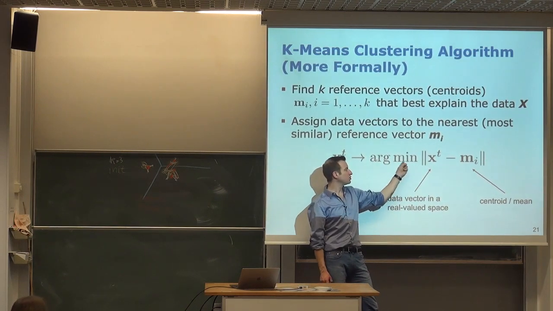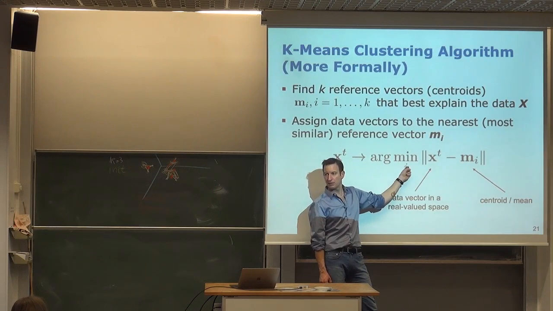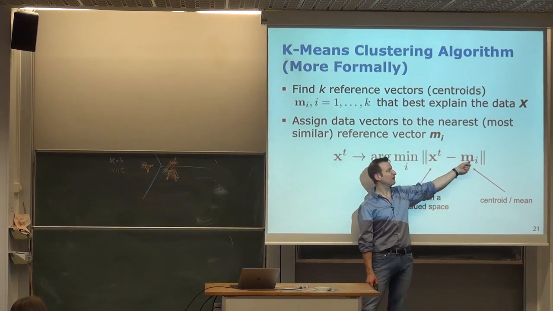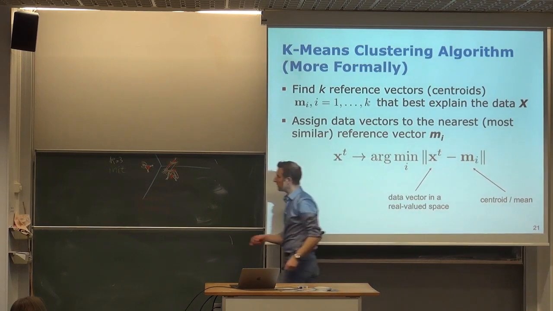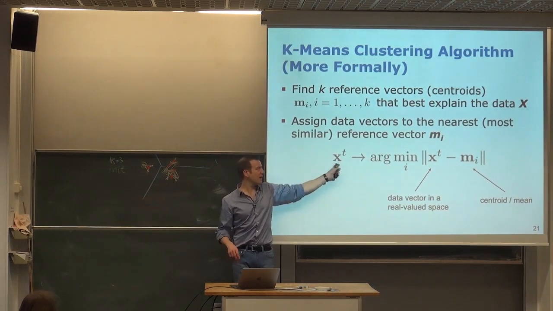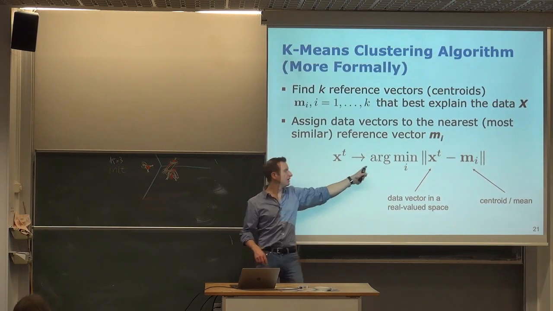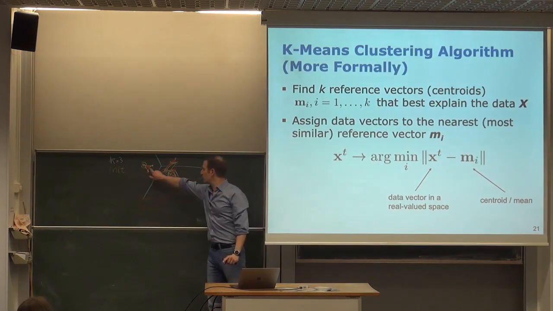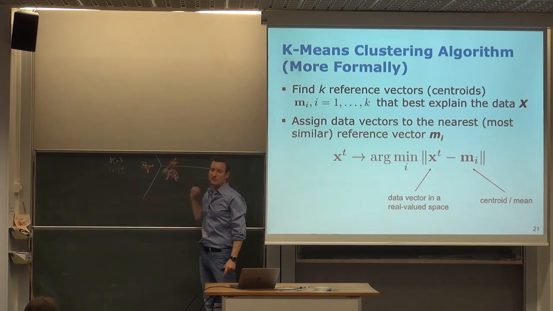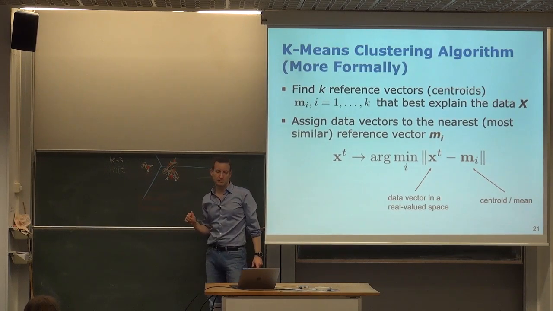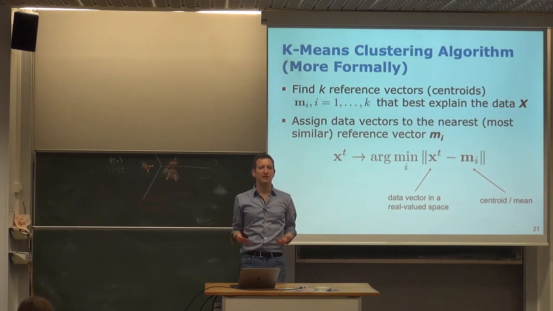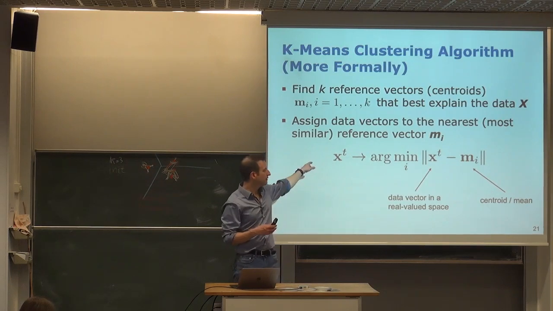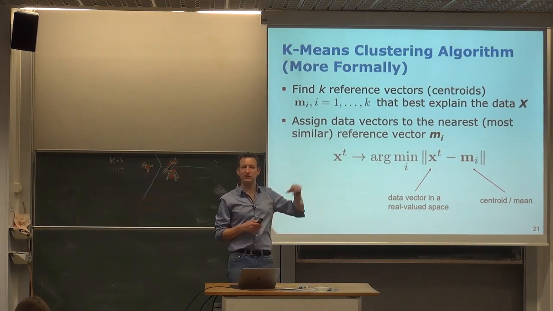So I'm choosing the index i so that the distance of the data point to a centroid is minimum. And this means nothing else than assigning to every x^t an index which tells me centroid number 1, centroid number 2, or centroid number 3. So this argmin says the first thing: assign to every data point the closest centroid. This is the same statement expressed as a formula.